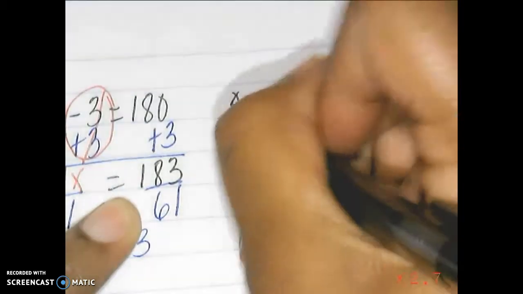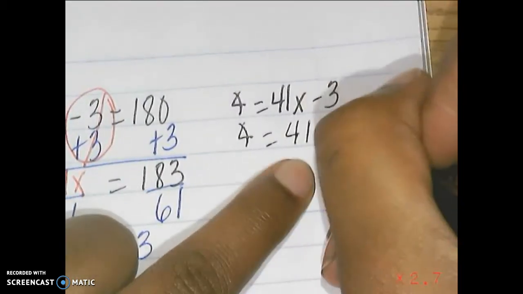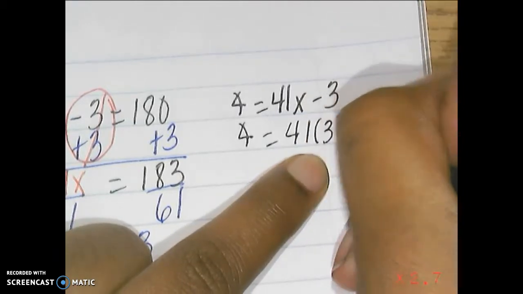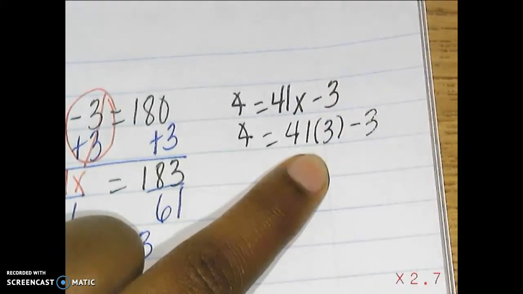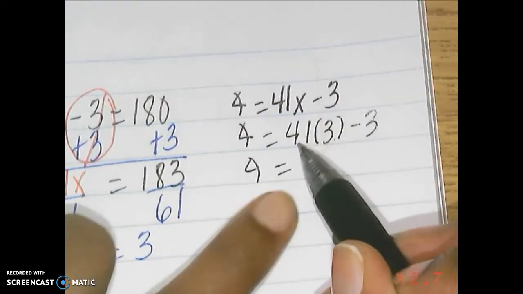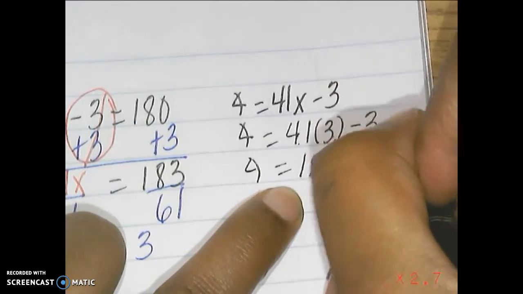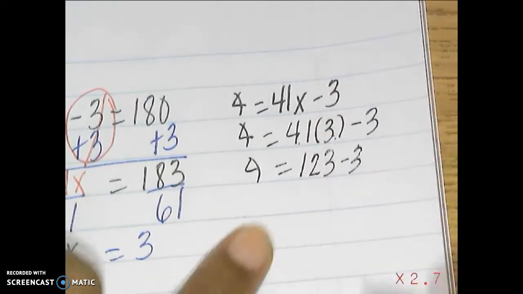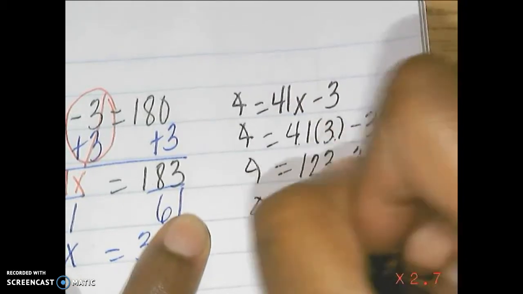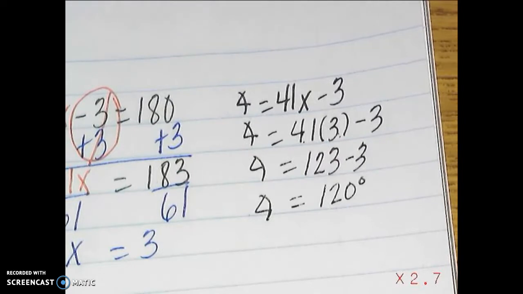So for x, I'm going to plug in 3. 41 times 3 minus 3. Okay, so 41 times 3, 3 times 4 is 12, and 3 times 1 is 3, so that's going to be 123 minus 3, and just like that, we have our angle measure, which is 120 degrees.